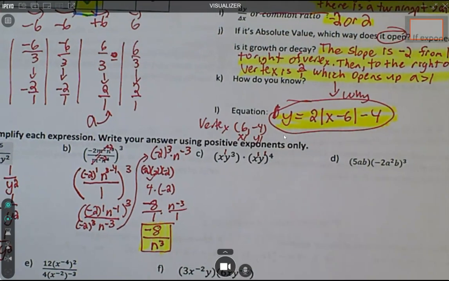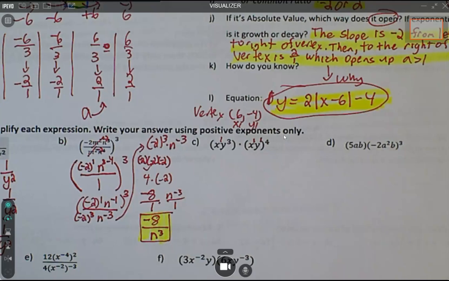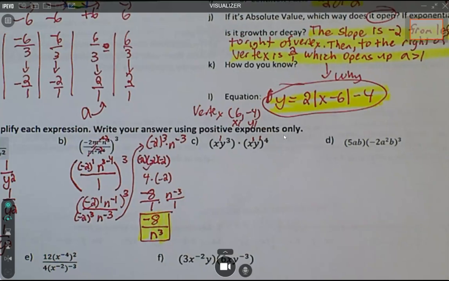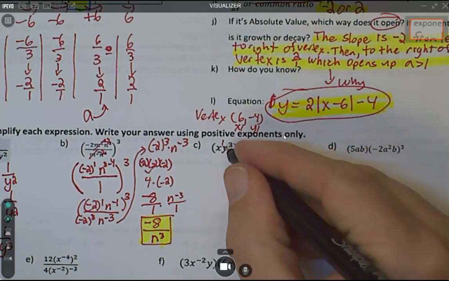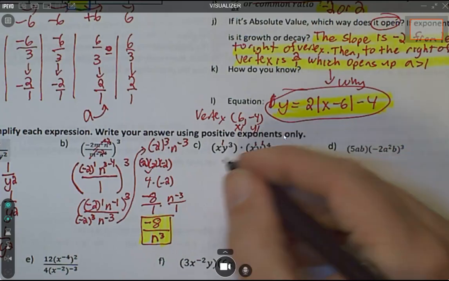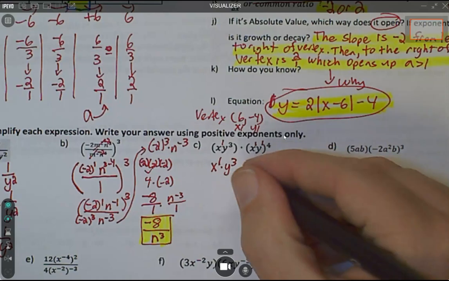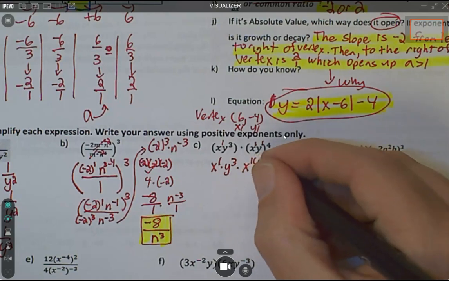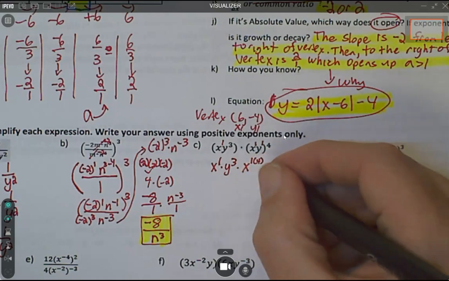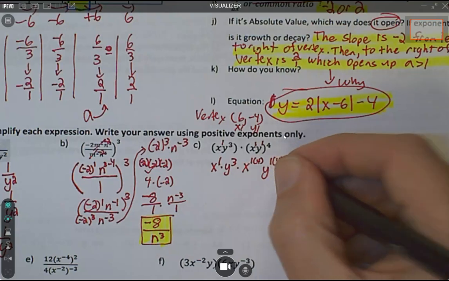So this one would be a great one to write it out. It's like writing xy to the third times xy times xy times xy times xy times xy. But here, we're going to go x to the first times y to the third. I always write this step, x to the 1 times 4, y to the 1 times 4.